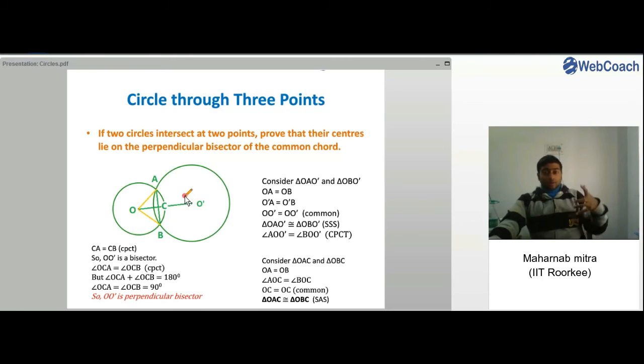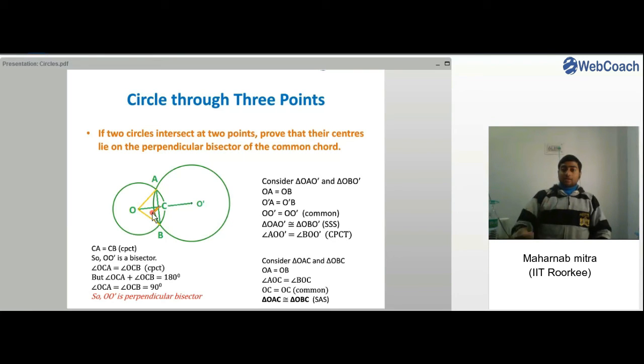And to find out the angles, we again use the CPCT of what we have got, and we have proved that the base angles of these two triangles are linear pairs and also equal to each other. So of course both of them must be 90 degrees.